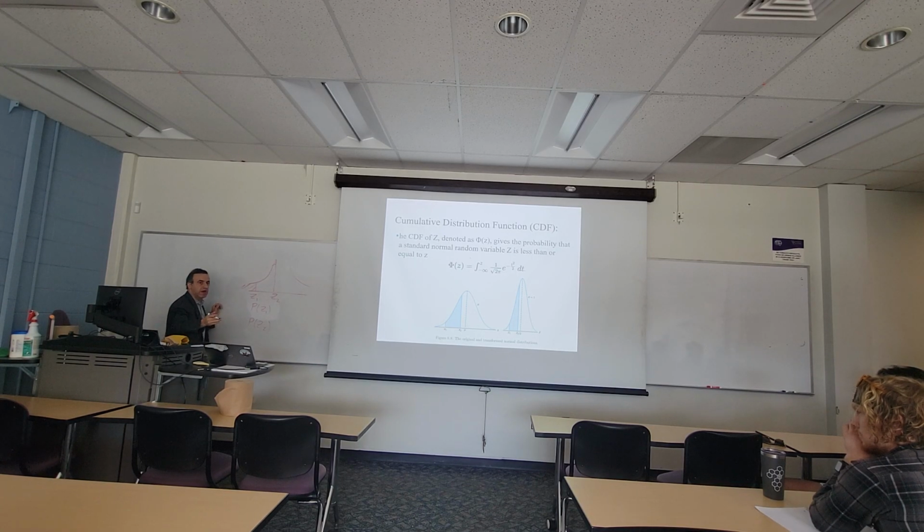But where was our area of interest? Between Z1 and Z2. So we have to do it this way. The probability of this portion is P(Z2) minus P(Z1), for this area.